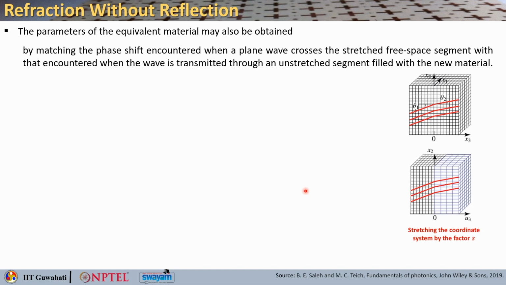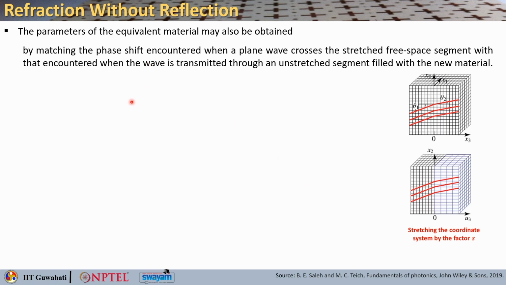So, next, we have understood that the material properties are obtained. Now, some other parameters of this material should also be obtained so that there is no reflection.